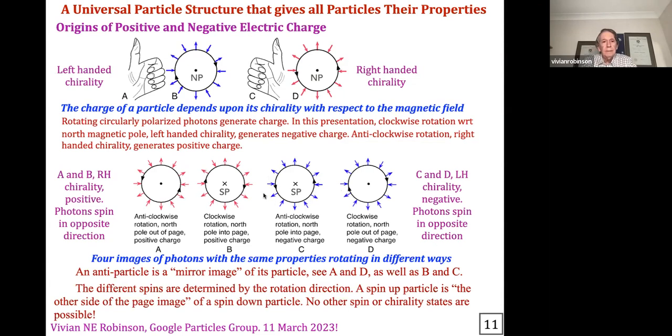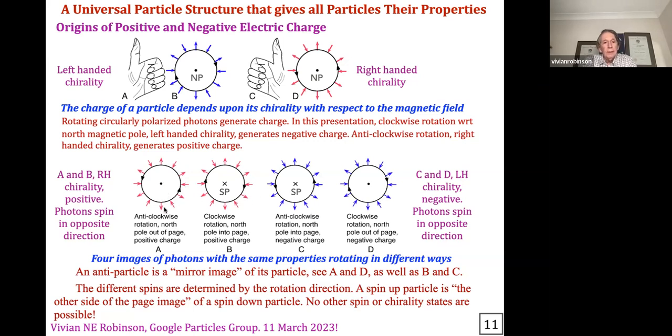So what you have is a situation where the two different rotation directions just define the spin of the particle.